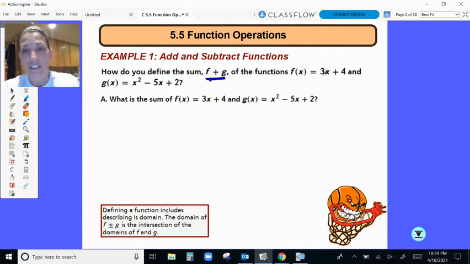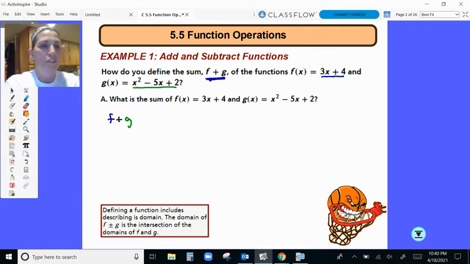Well, f of x is 3x plus 4, and g of x equals x squared plus 5x plus 2. I'm actually going to underline that with green here. So what's the sum of those two functions? I say f plus g is going to be equal to, we take our function f first, which is 3x plus 4.